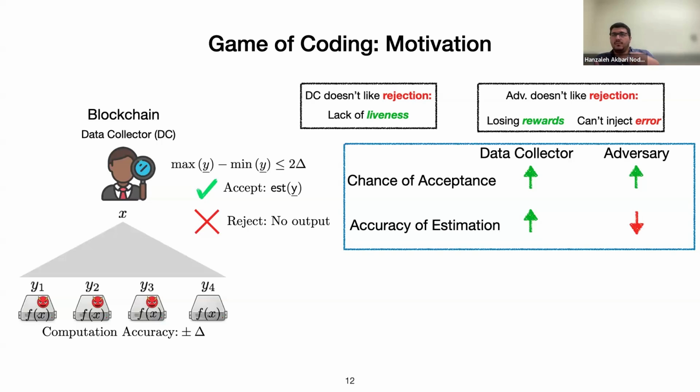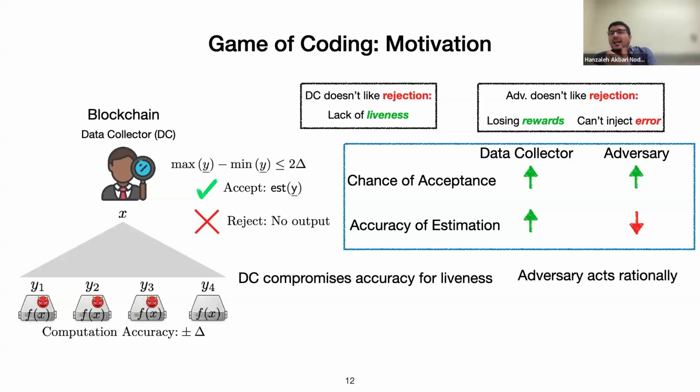For the first, both players want to increase it, while for the second, one of them wants to increase it and the other wants to decrease it. So there's a tension here. As a consequence, the data collector may compromise accuracy for liveness, and the adversary acts rationally.